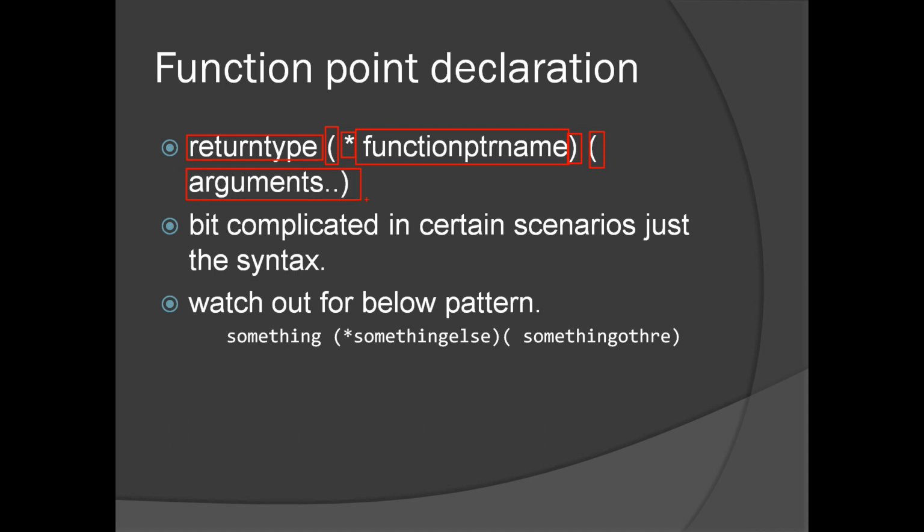It can get a little bit complicated in certain scenarios, which we will see soon. But in production code, we will rarely get complicated function pointer syntaxes. All we have to do is watch out for this pattern. This is the return type. This is the arguments which are passed to the function, and most important is this part.